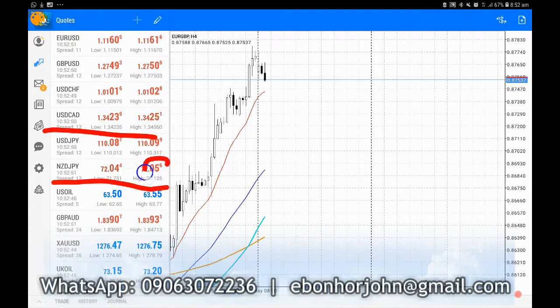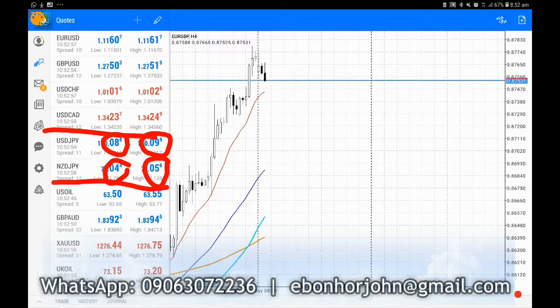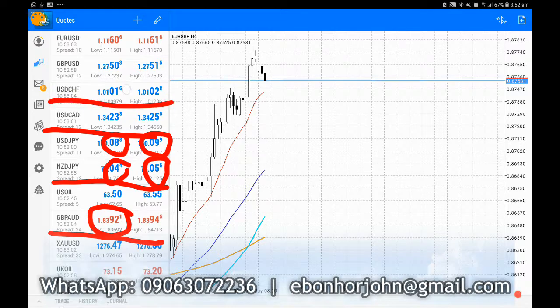You see, like NZD JPY, they all have 2 decimal places, 0.04 to 0.05, 0.08 to 0.09. But in the case of the others, like GBP USD, for instance, you see it has 4 decimal places. The USD CHF has 4 decimal places.